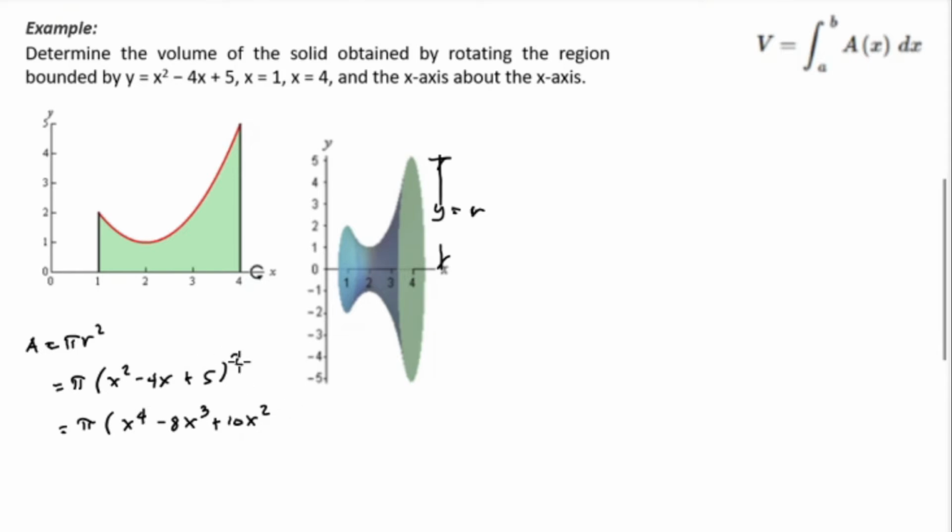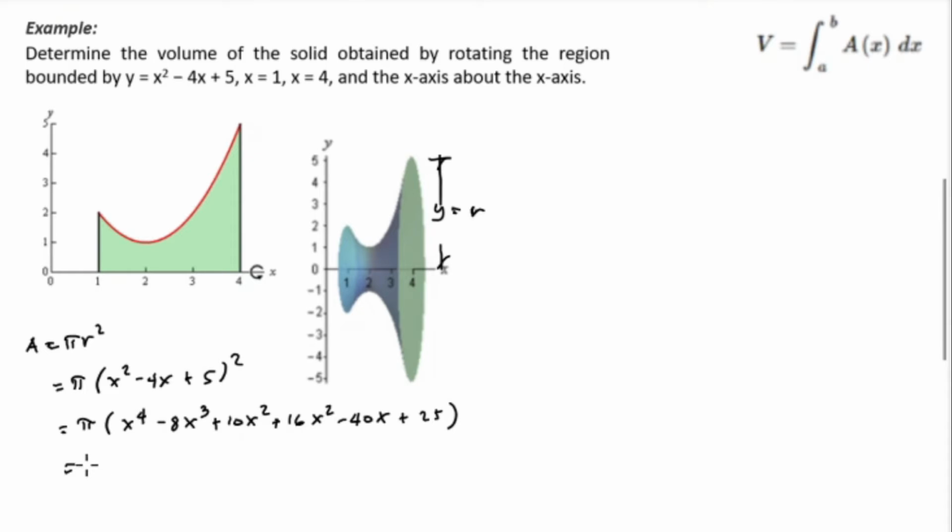Next, negative 4x times negative 4x, or squared, is positive 16x squared. 2 times negative 4x times 5 is negative 40x. 5 times 5 is positive 25, close parenthesis.